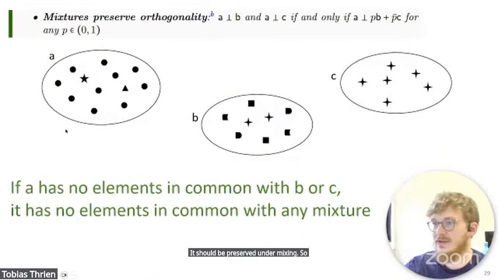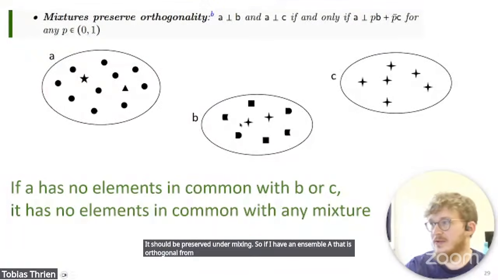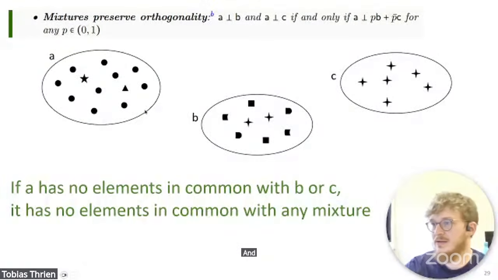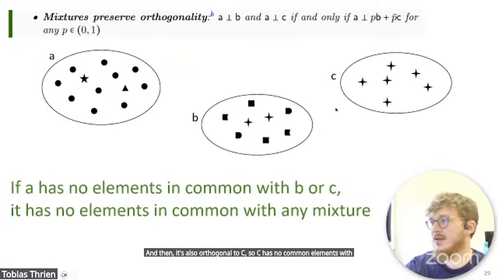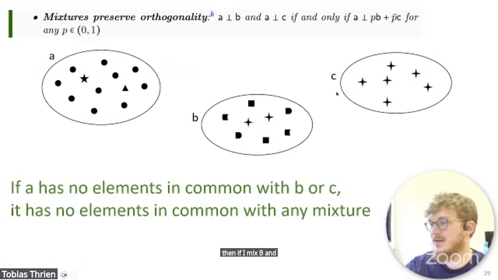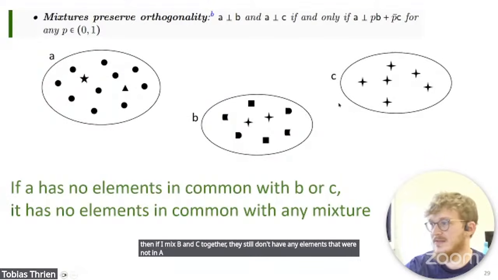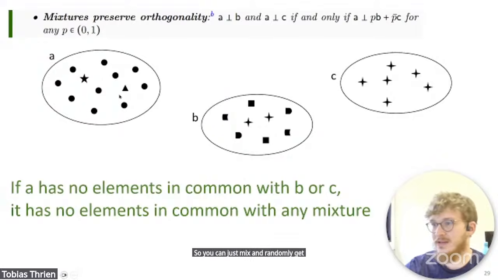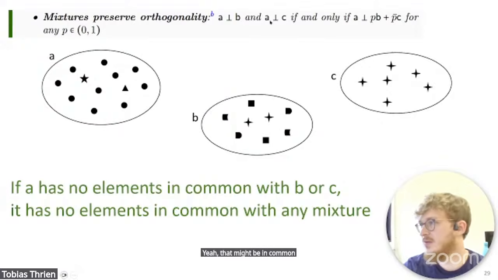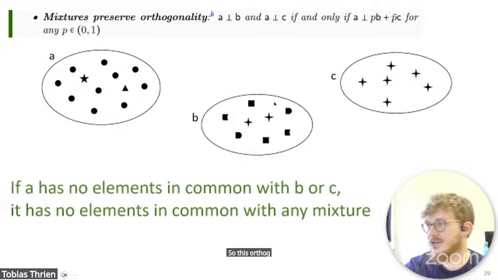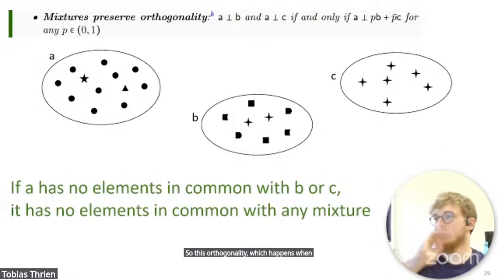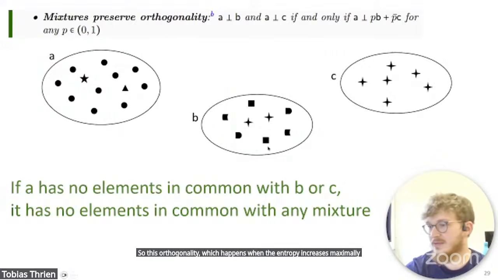So if I have an ensemble A that is orthogonal to B, so these are all different, and it is also orthogonal to C, so C has no common elements with A, then if I mix B and C together, they still don't have any elements that were in A. You can't just mix and randomly get new elements that might be in common with A. So this orthogonality, which happens when the entropy increases maximally, is preserved under mixing.